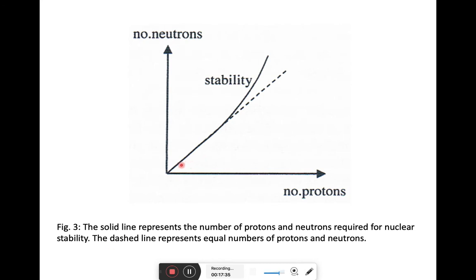This is what it means here: the solid line represents the number of protons and neutrons required for nuclear stability, and the dashed line represents equal numbers of protons and neutrons.